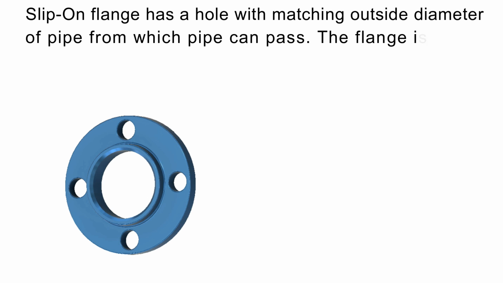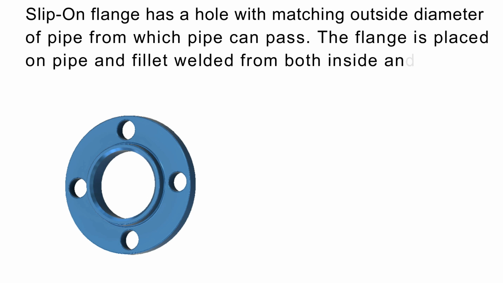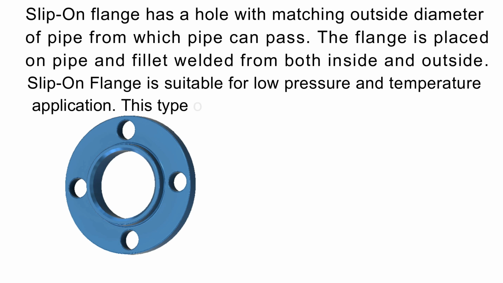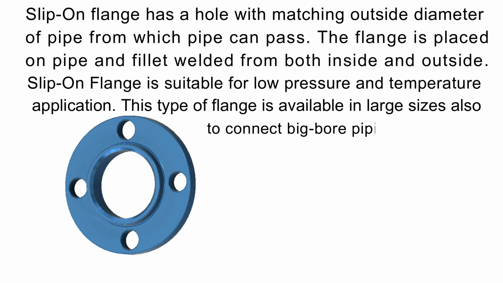The flange is placed on the pipe and fillet welded from both inside and outside. Slip-on flange is suitable for low pressure and temperature applications. This type of flange is available in large sizes also, to connect big bore piping with storage tank nozzles.